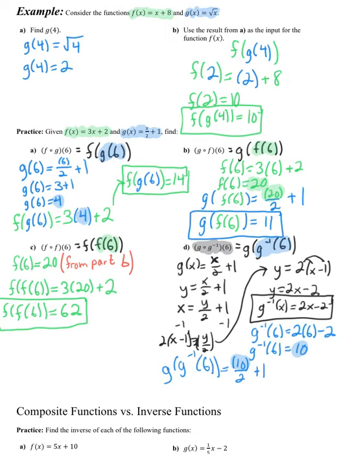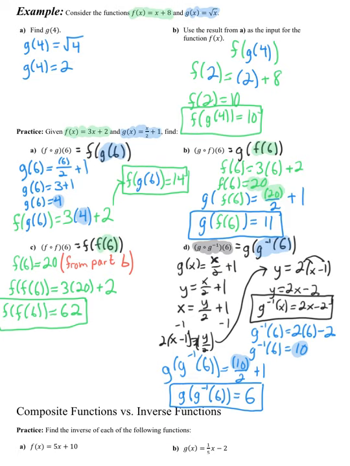It's a really weird way to say it, kind of tricky, but that's what's going on. So then we have 10 divided by 2, that's 5, plus 1 is 6.